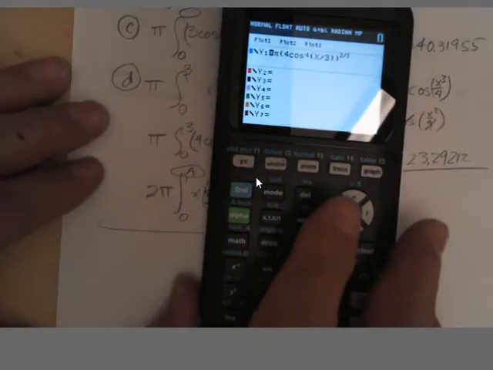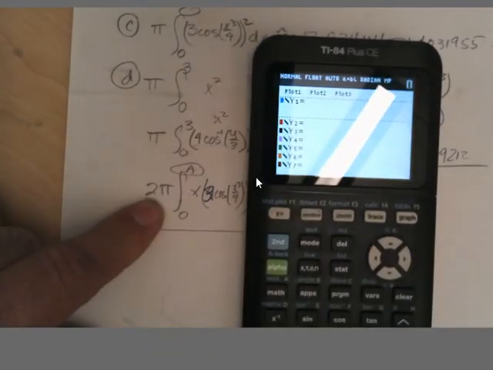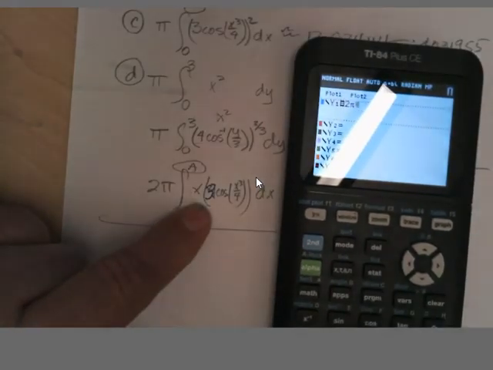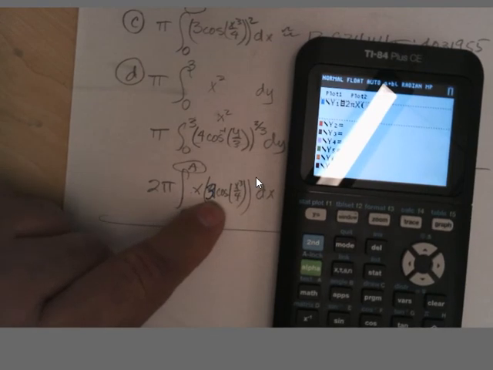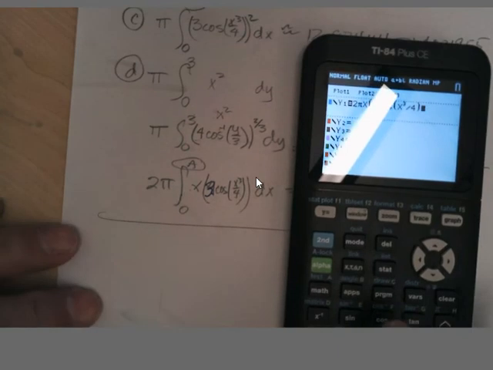Ah, okay. Clear. 2 pi per x, close parenthesis, open parenthesis, 3 cosine x to the third, come down, divided by 4, close parenthesis, and that's it.